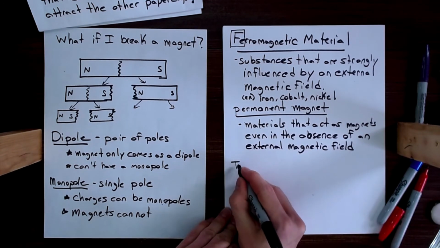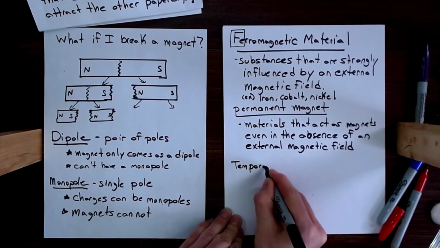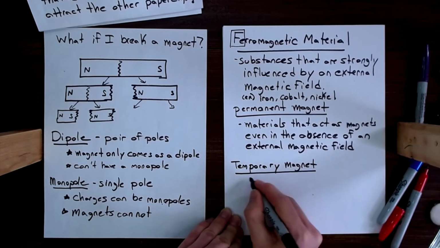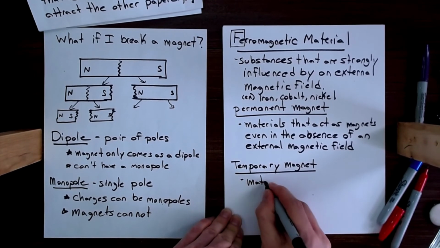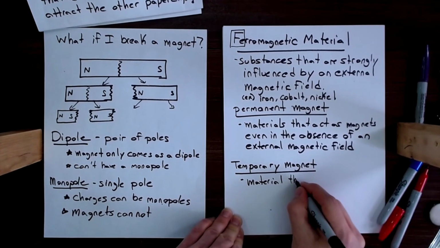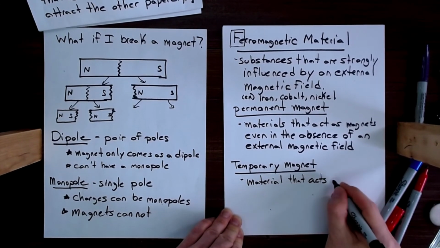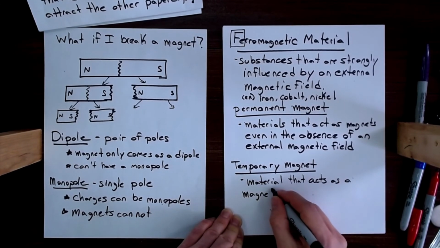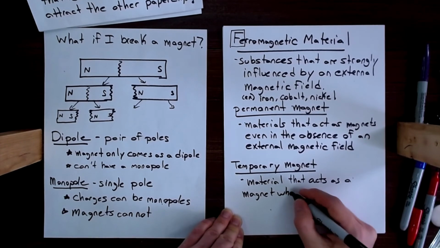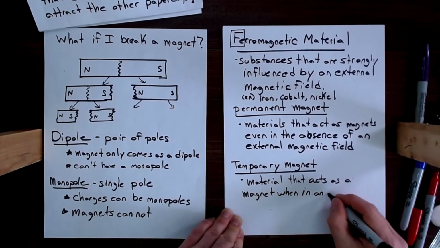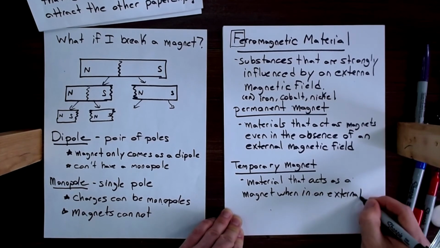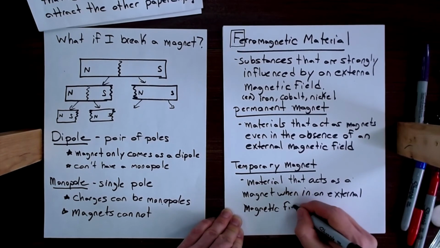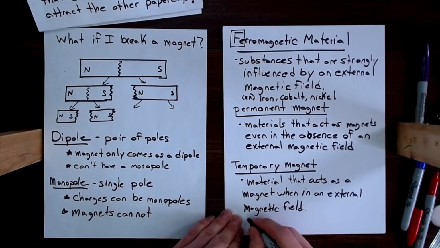Then there's something called a temporary magnet. And this is a material that acts as a magnet when in an external magnetic field. And what's a good example of this?